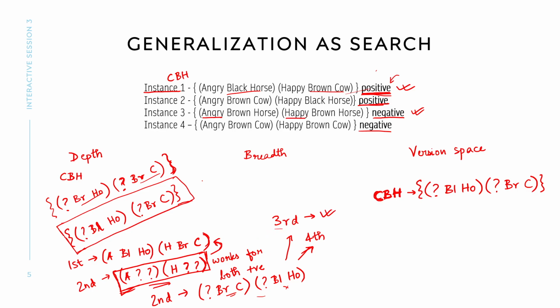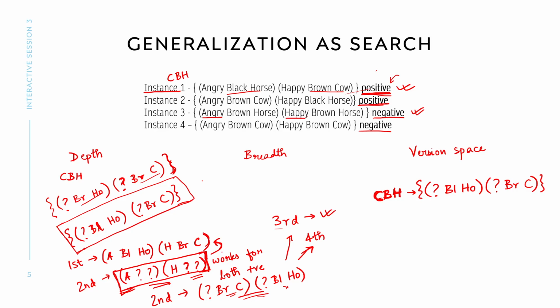So I have to make my CBH more specific. How can I do that? I can just go for wildcard and brown cow, wildcard and black horse like that. If you see, this generalization is more specific than the previous one, right? It is more specific than this, but it is more general than the first one.